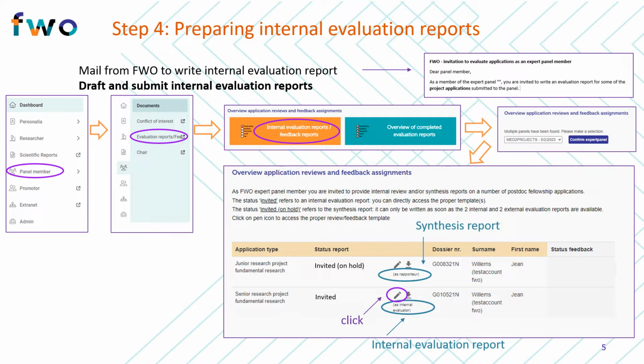Select the name of your panel when prompted, and you will see a list of all applications assigned to you both in your role as internal evaluator and as rapporteur. In this first phase of the evaluation process, you should only write reports for the applications for which you are indicated as internal evaluator, and for those you will see the status invited. To access the page to draft and submit your report, click on the pencil icon for these applications.